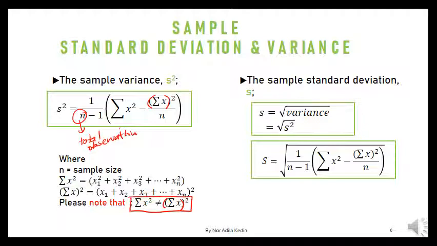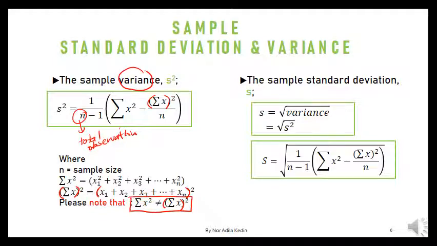Summation of X squared adalah hasil tambah X yang dikuasa 2 kan. X1 kuasa 2 tambah X2 kuasa 2 dan seterusnya. X squared dalam bracket, kalau summation of X dalam bracket baru squared adalah hasil tambah semua X dah selesai tambahkan, baru dikuasa 2 kan. Variance.